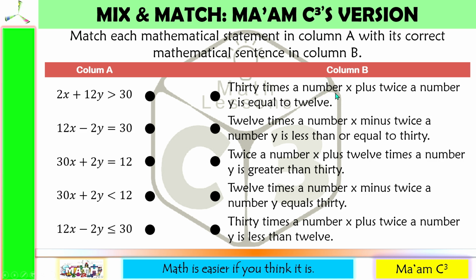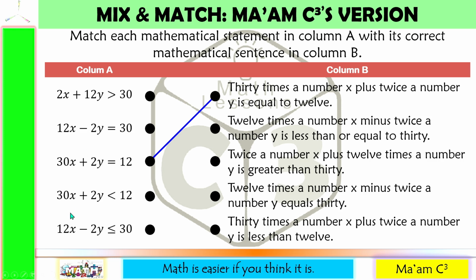30 times a number x. So I have here 30x. Plus twice a number y. Plus 2y. Is equal to 12. Here is an equal sign, so here is the correct answer. Next one, 12 times a number x. So we're looking for 12x.